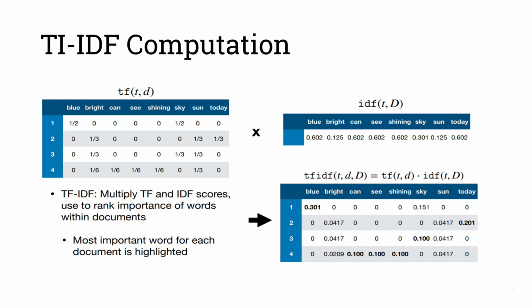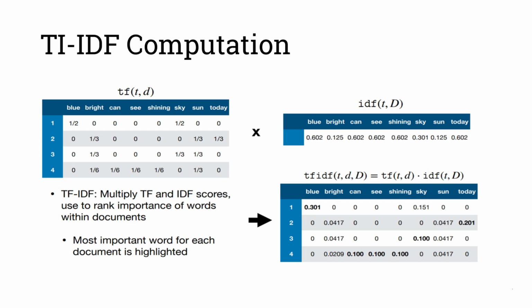So in our first case, the word blue is the most relevant word in the document. In our second document, today plays a very important, special role. So in a similar manner, we can know which word is highly relevant to that particular document.